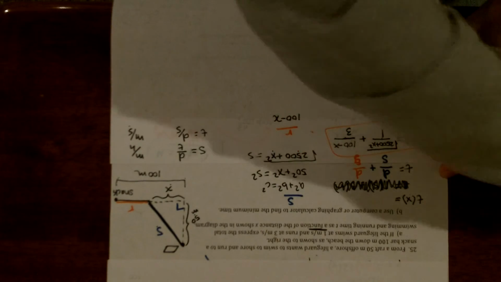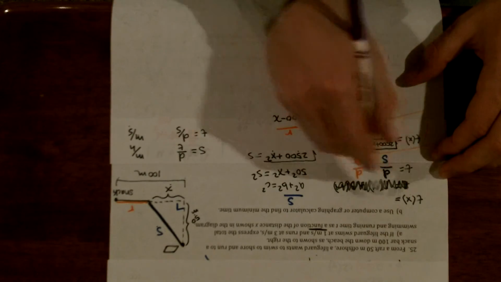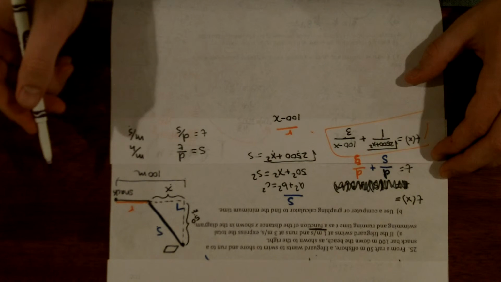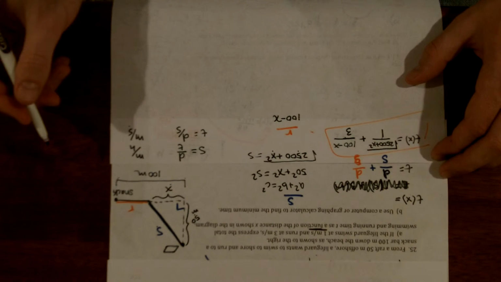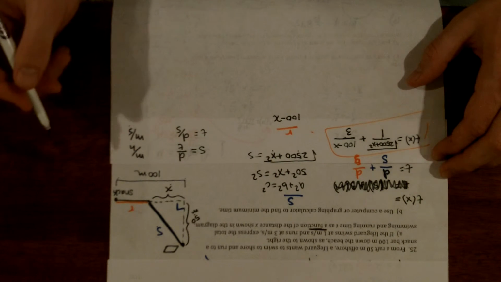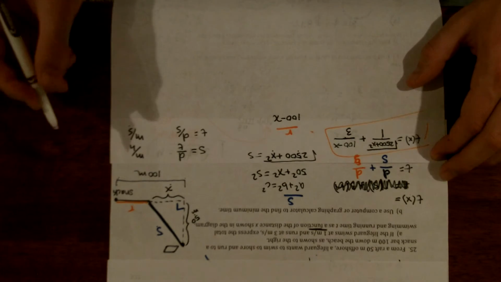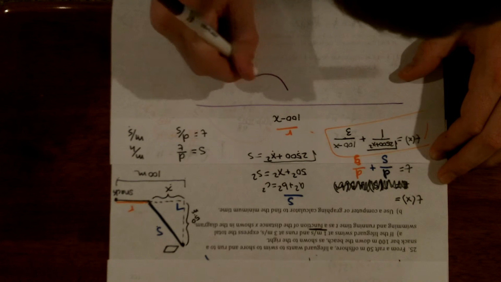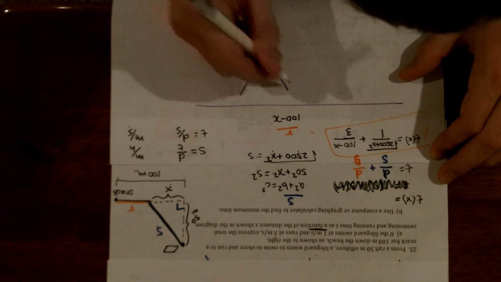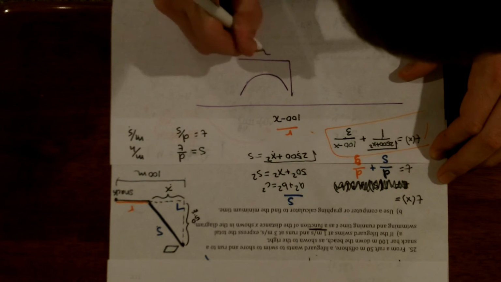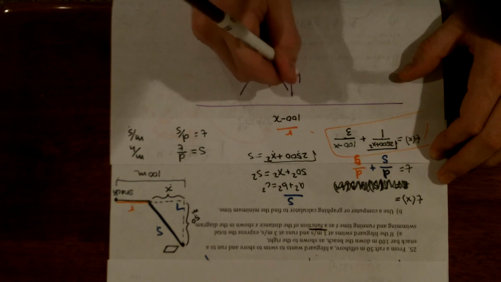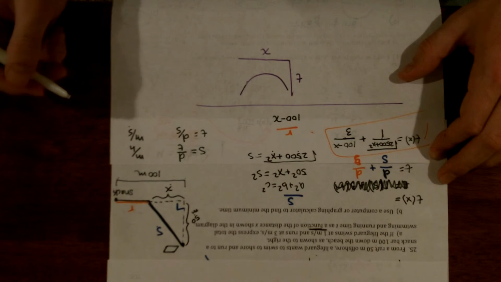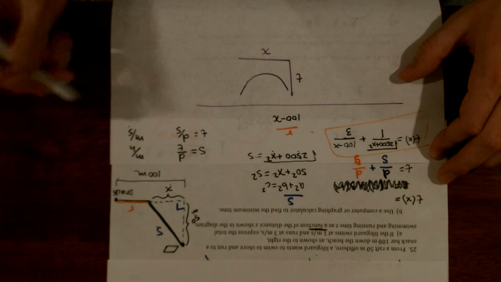Then it asks us to find, using a computer or graphing calculator, the minimum time he could take to get to the snack bar. You would just go ahead and put that equation into your calculator. It's going to look something like this, where we have x as the x-axis and t as the y, and it's asking for the minimum time.